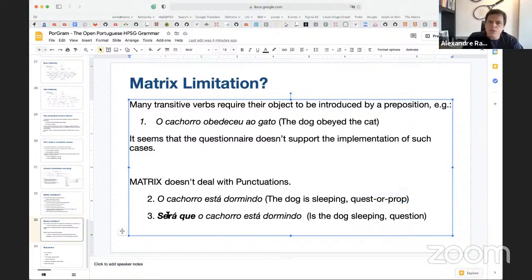But we do have situations where we have a specific clue, a specific word that marks the question. So in that particular situation, now we have full information to produce a semantics with the question tag, right? So "será que o cachorro está dormindo?" Is the dog sleeping? It is clear, a mark for question.